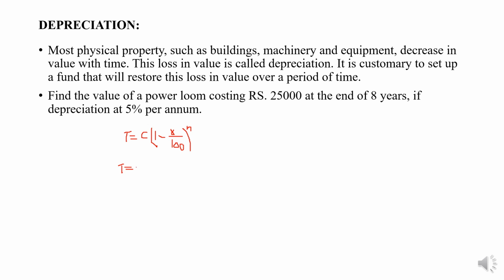So C is 25,000 into 1 minus R, where R is 5% divided by 100, and N is already given in the example, which is 8.